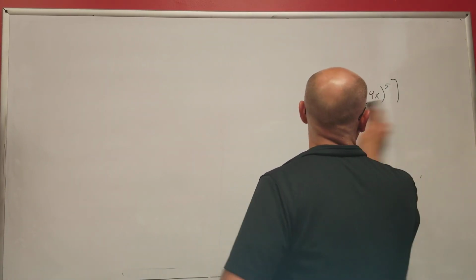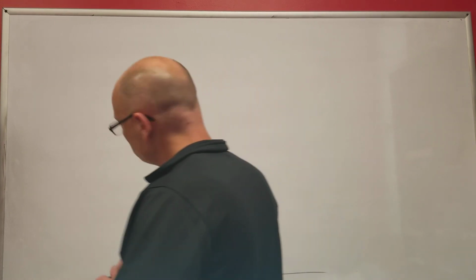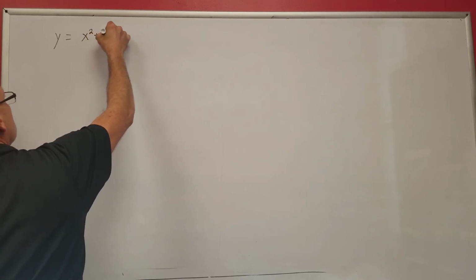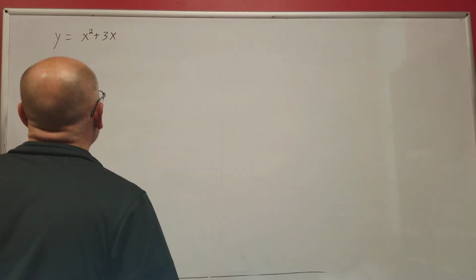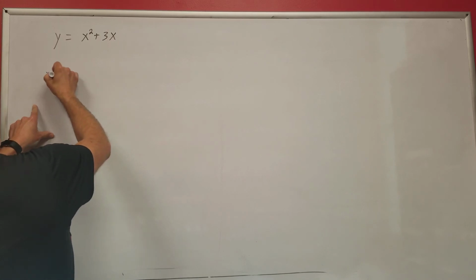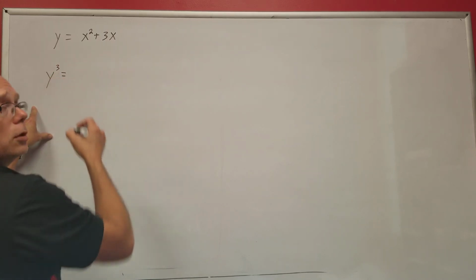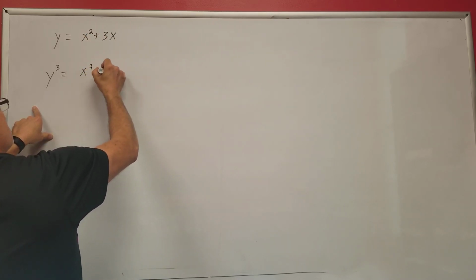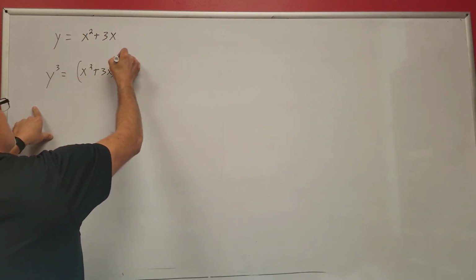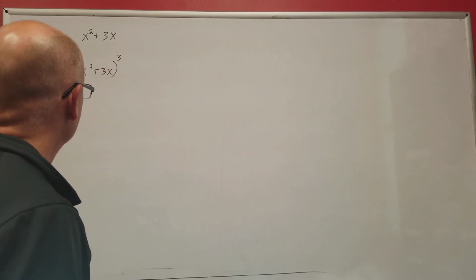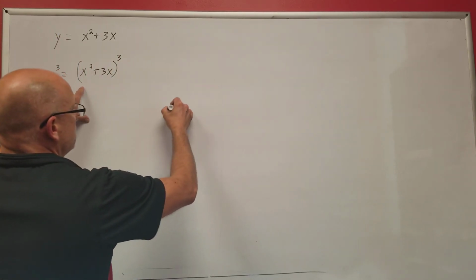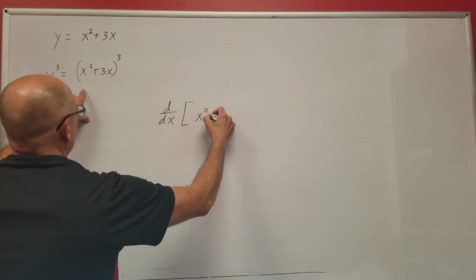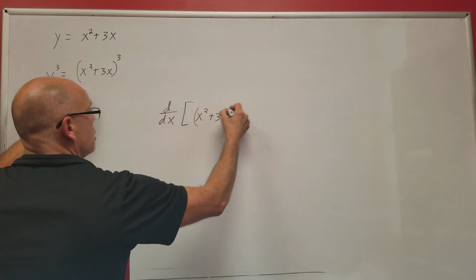Let's suppose that y is just some function of x. Let's suppose y is equal to, I don't know, x squared plus 3x. Now, let me ask you this. What would y cubed be? It would be this stuff cubed, x squared plus 3x, cubed. Now, what if I would like to take the derivative with respect to x of x squared plus 3x, quantity cubed?